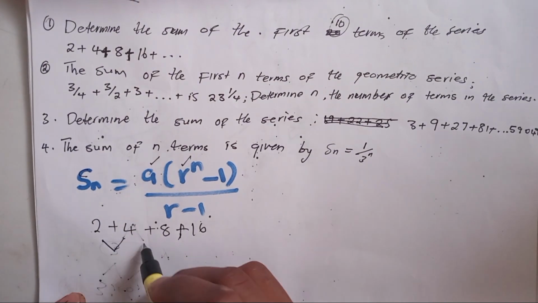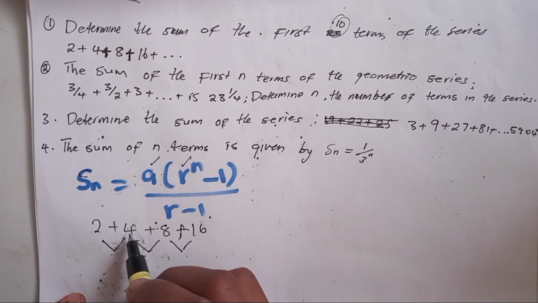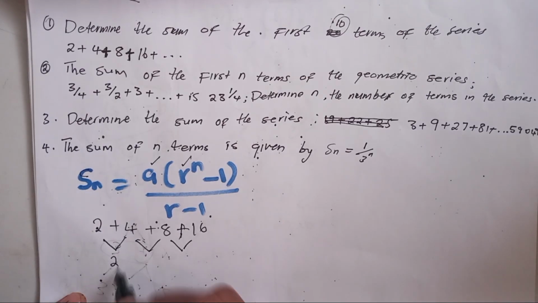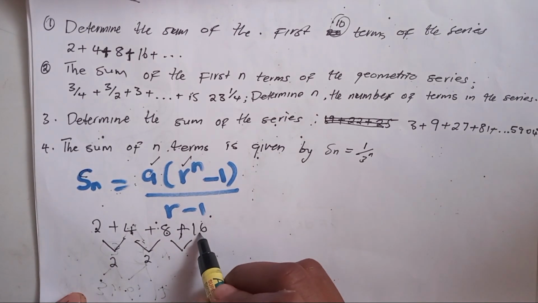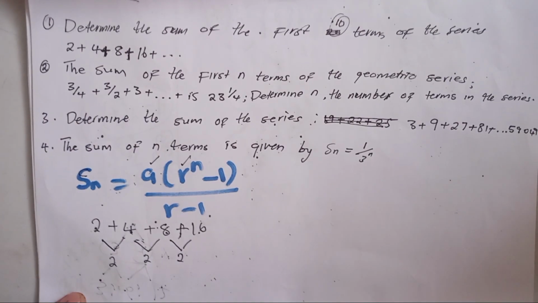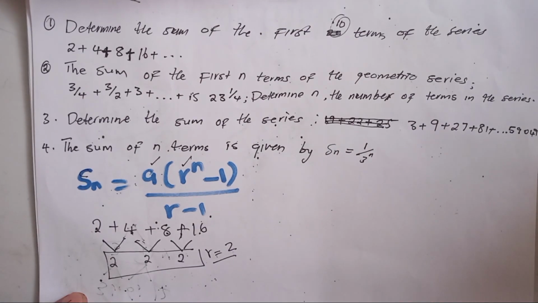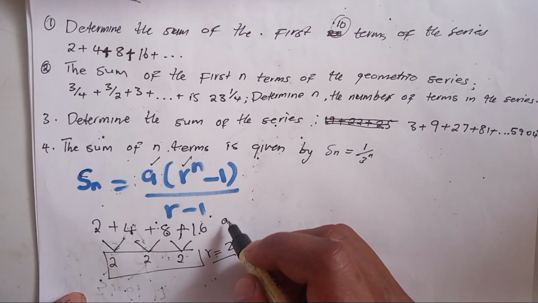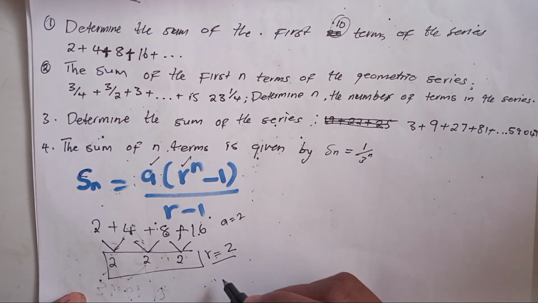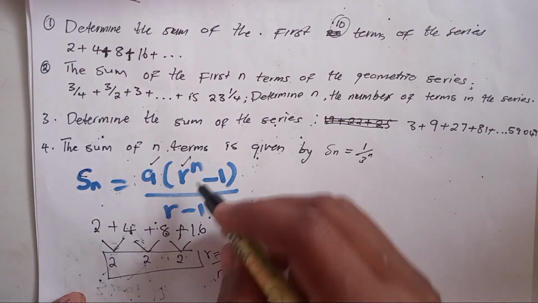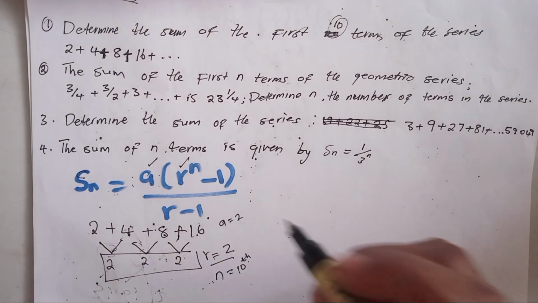So we have enough information to get the r. 4 divided by 2 gives 2, 8 divided by 4 gives 2, 16 divided by 8 gives 2. So it means that 2 is our common ratio. Now we also have the first term, which is 2, and then we have n. Our n is 10, because they are looking for the sum of the first 10 terms of the series.